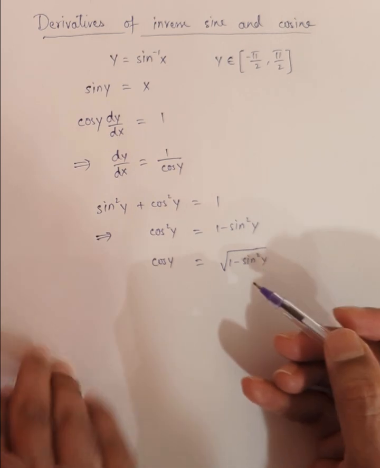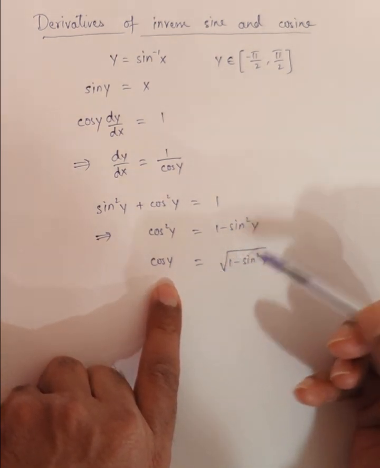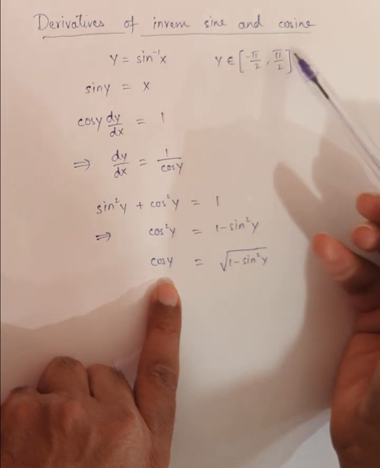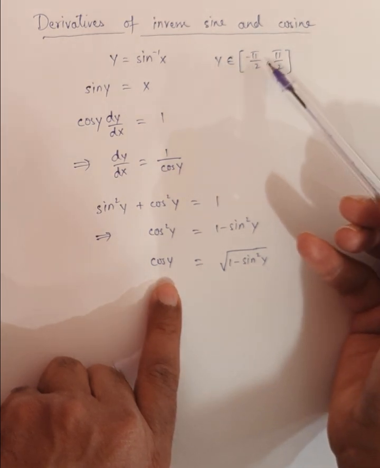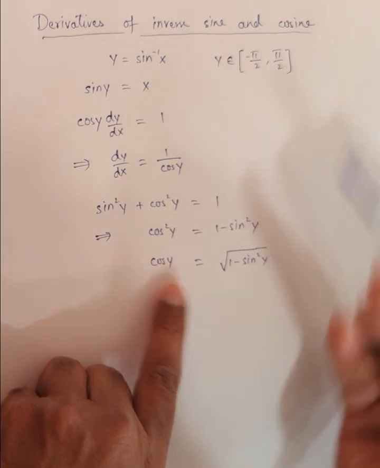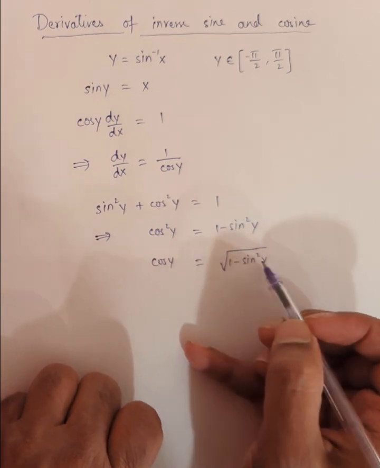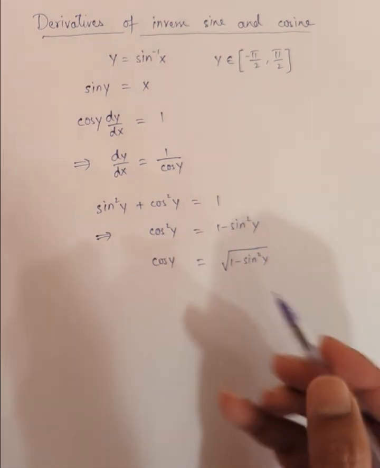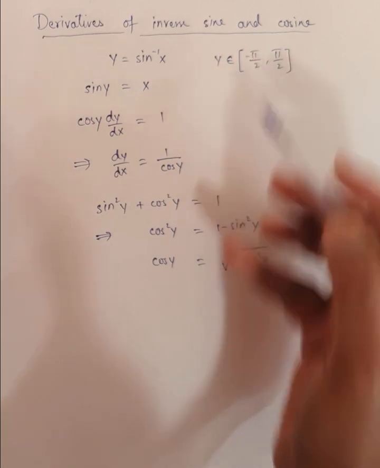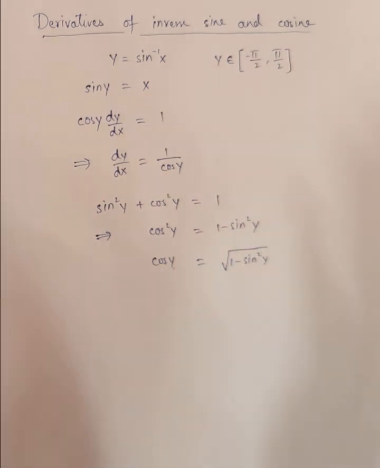And here is where I know that the answer would have to be positive, because if y is in the first and fourth quadrants, there cosine y is always going to be positive. So there is no doubt whether it's positive or negative. It's always going to be positive because y is either a fourth quadrant or a first quadrant angle, and cosine is positive in both of those quadrants.